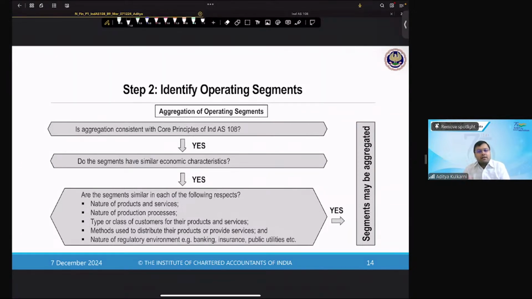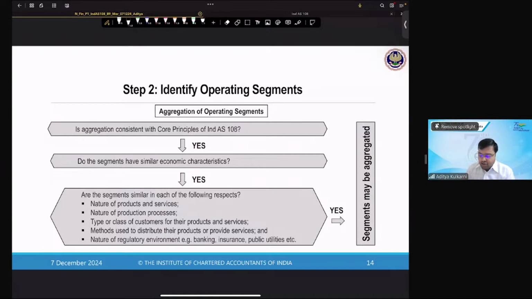Step 4 I will finish in 1 minute, I will say this is the disclosure, give this, that's it. But step 2 and step 3, identifying operating segments and identifying reportable segments, these 2 are very critical. Step 4, disclose whatever is there, so it is very simple. 2 and 3 are critical. That's why I'm taking time.